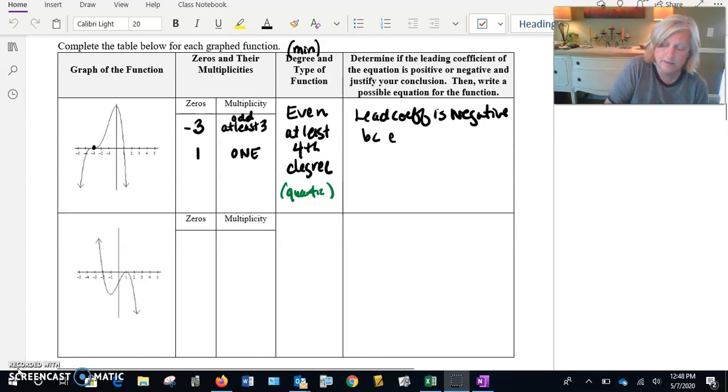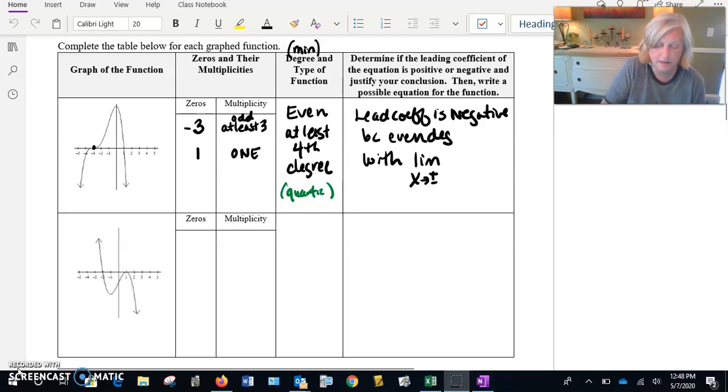So it's an even degree, and I could say in words, the end behaviors both fall, or I could say using math notation, which we do enjoy, the limit as x goes to plus or minus infinity of f of x, the function, equals negative infinity. The important part is that both plus and minus infinity are heading down to negative infinity. So that would mean that the lead coefficient is negative.